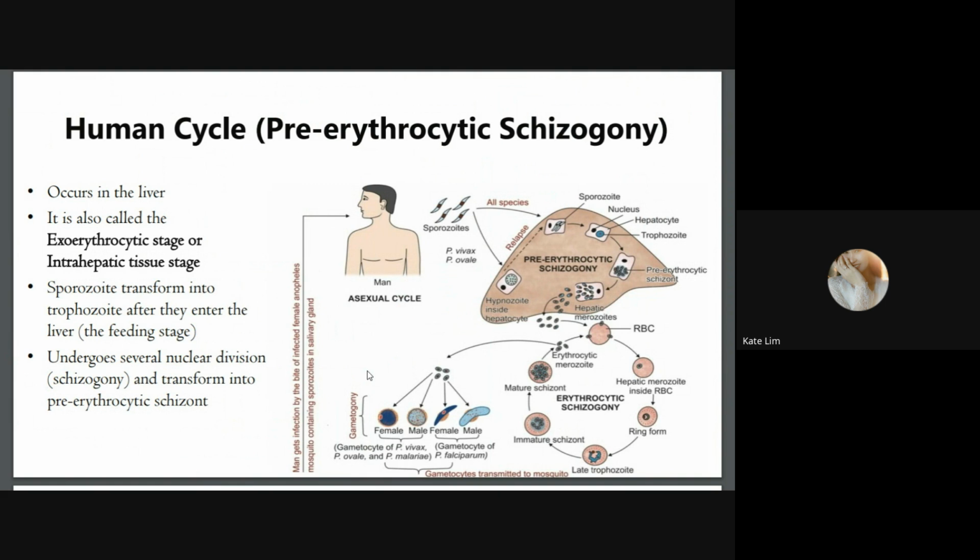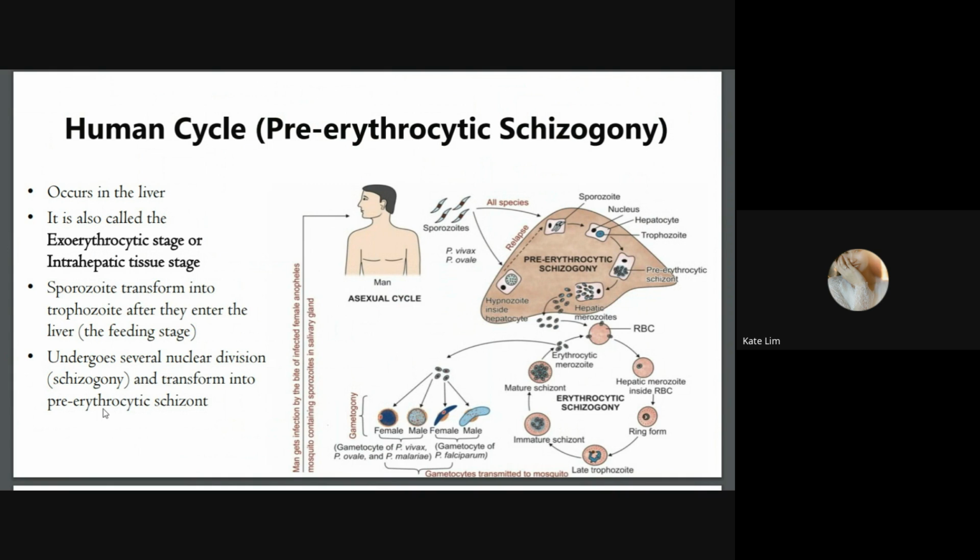This is a process wherein the parasite undergoes multiple rounds of nuclear division. So it would copy itself, and the schizonts would be ready to transform to the next phase.